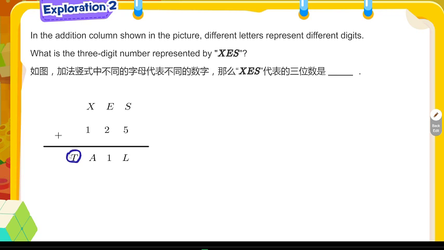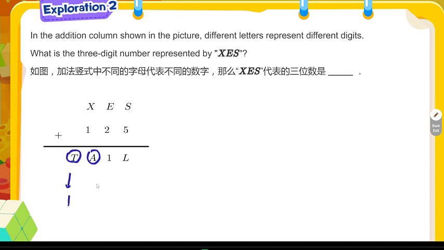3-digit number plus a 3-digit number. At most, we can only get 1,000 something. It's impossible for us to get 2,000. So the T must be 1 here. And then, as we know T is 1, what might be the A here?